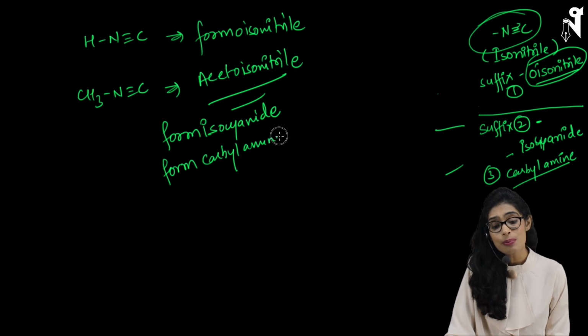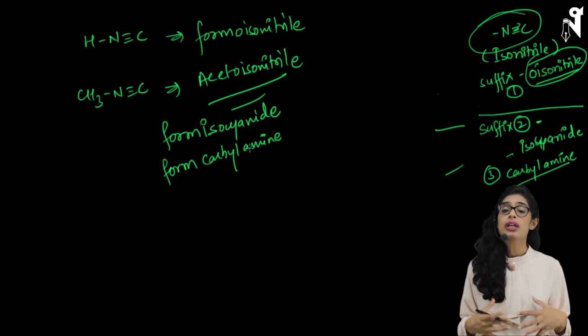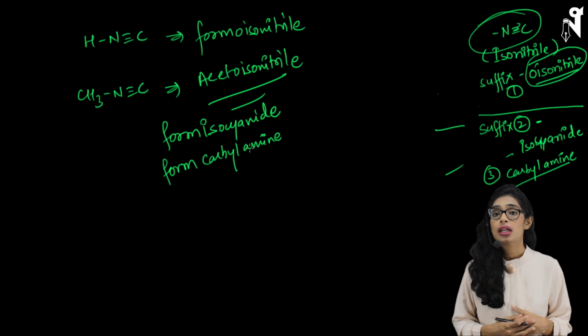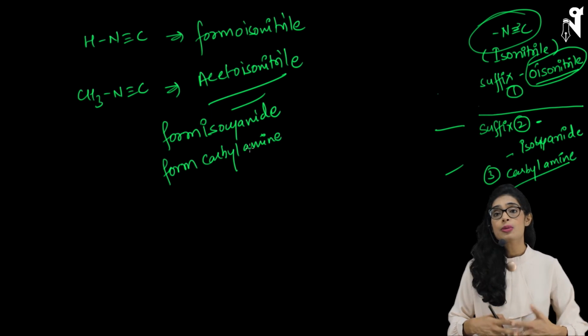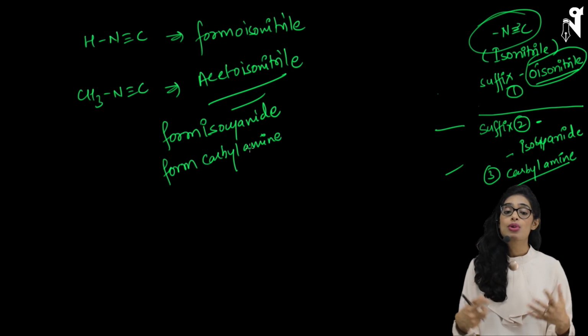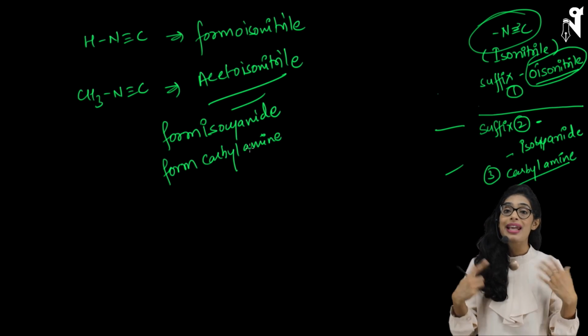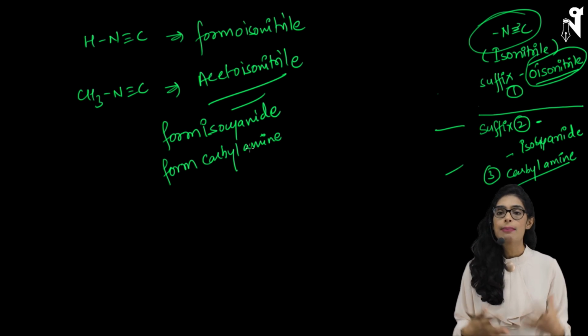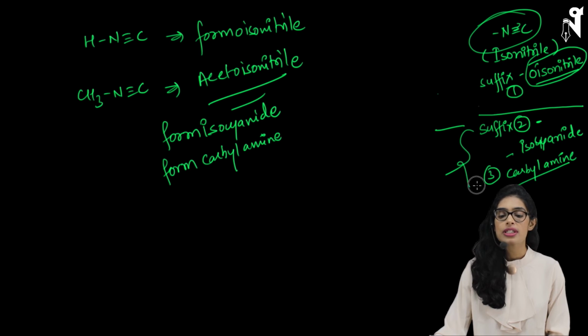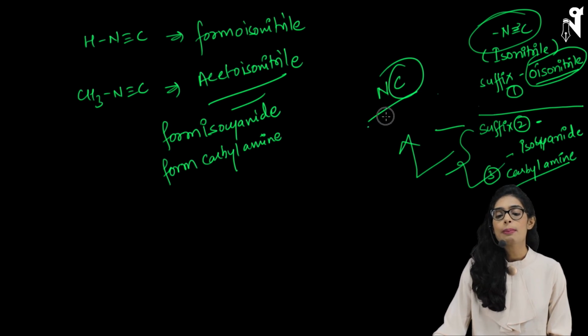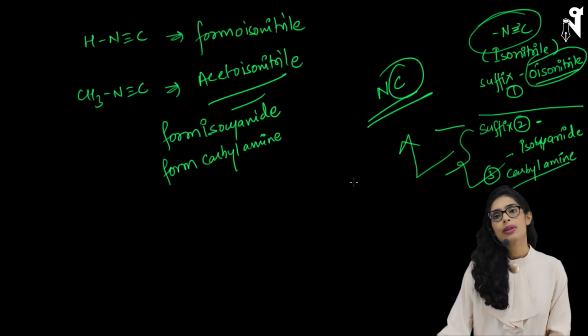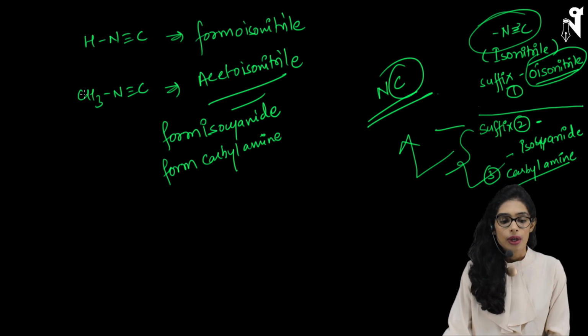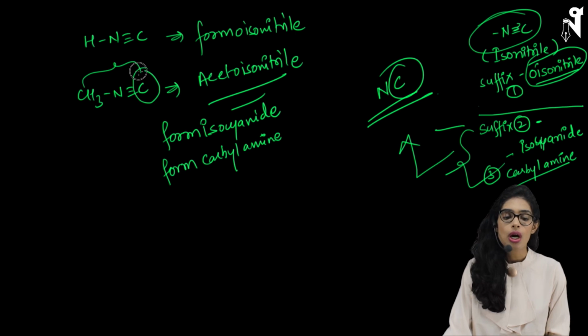And similarly, if I'm using the third suffix, the name will be formcarbolamine. What does it prove? That I'm counting one carbon lesser. There were 2 carbons present in the chain, so the word root's common name should be acet, but I'm not using acet, I'm using form. Why? Because there is a rule for suffix 2 and suffix 3, that is NC's carbon will not be counted while naming the word root. So here total carbons are 2, but I'm not going to count this carbon.